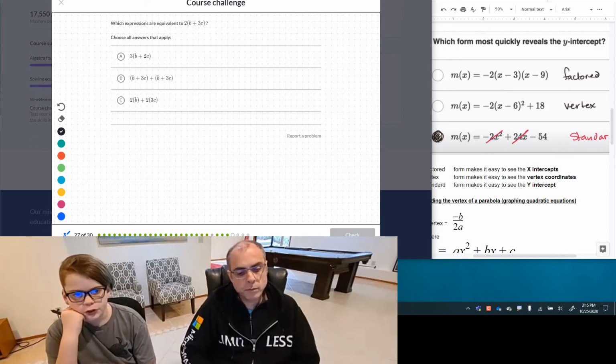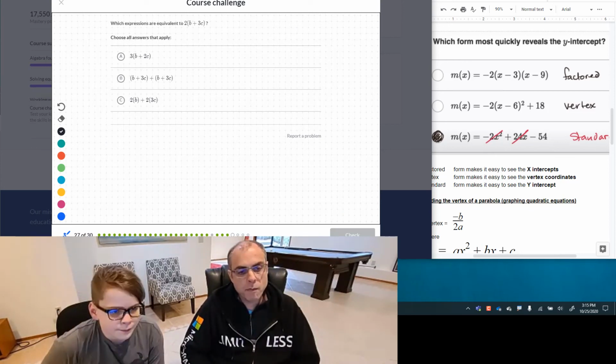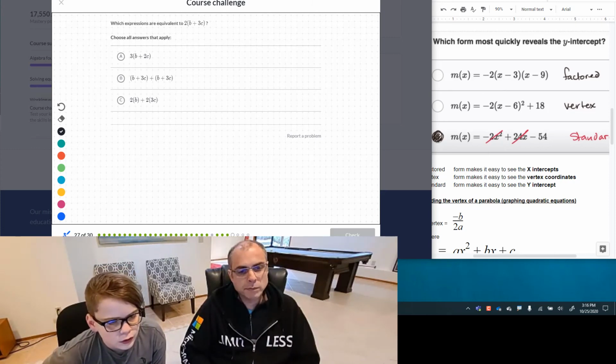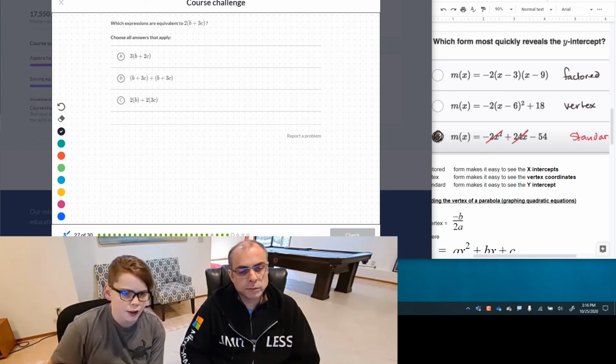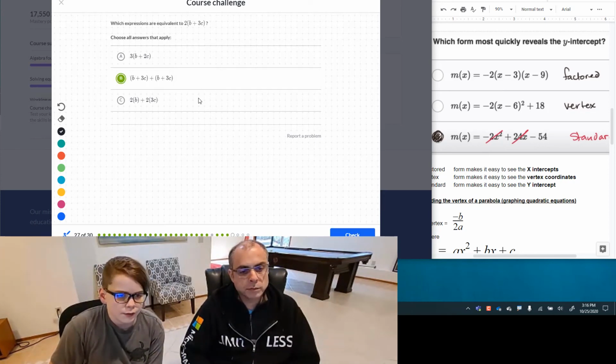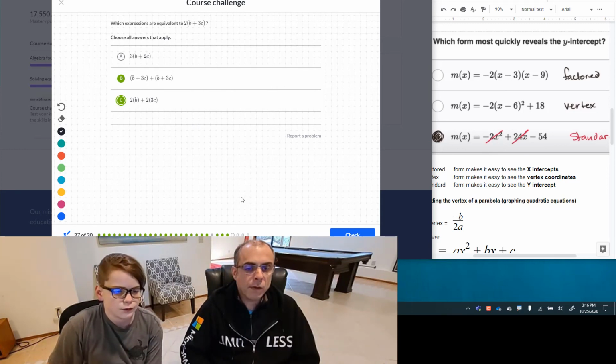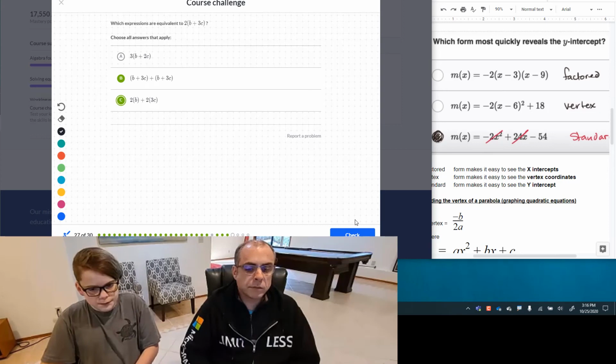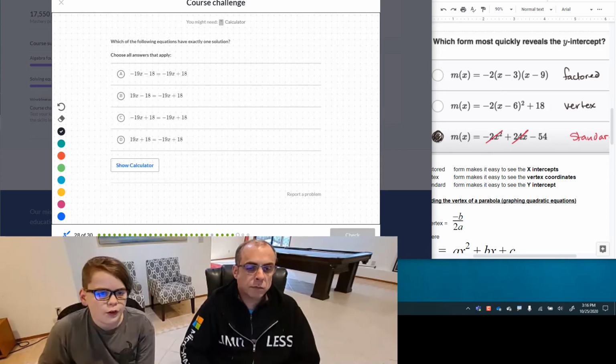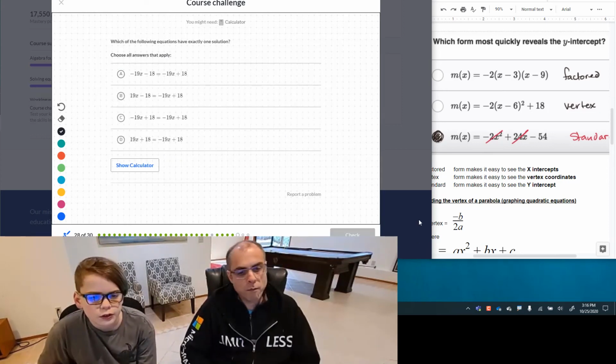Which expressions are equivalent to that? B, and yeah, I also think this. Okay. Which of the following equations have exactly one solution?